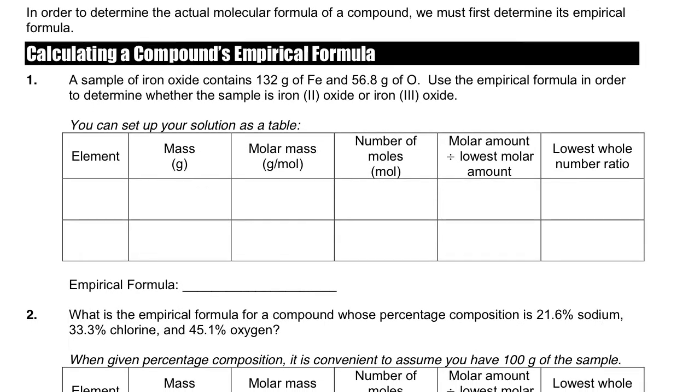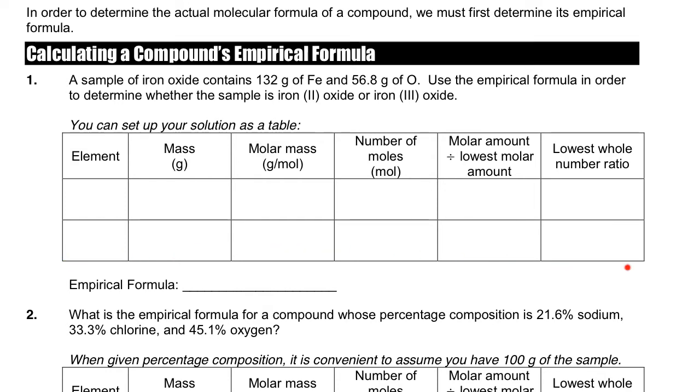So I would like to show you a couple examples here of how to find an empirical formula. So in this example, we're analyzing a sample of iron oxide, and we want to know what is its formula. So in our lab, we're going to analyze the substance, and we find that there are 132 grams of iron and 56.8 grams of oxygen. So what we're going to do is set up a table like this.